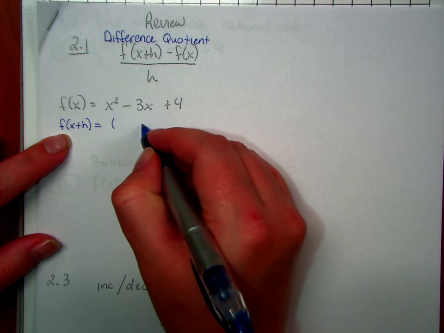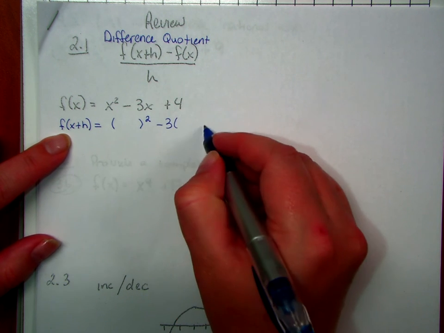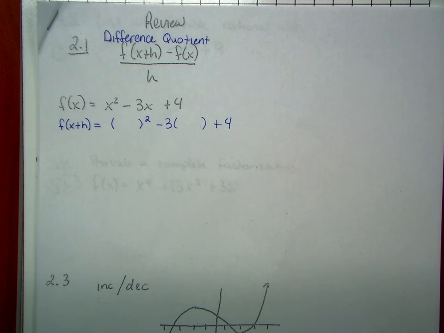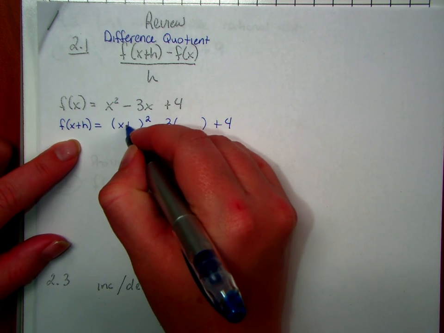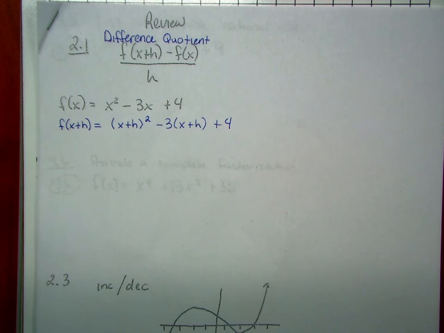So if we were to draw the skeleton of this function, it would look like so, right? Parentheses squared plus 3 times parentheses plus 4. Inside those parentheses, we are going to substitute x plus h. Okay, everywhere there was an x in the original function, we need to replace with x plus h.